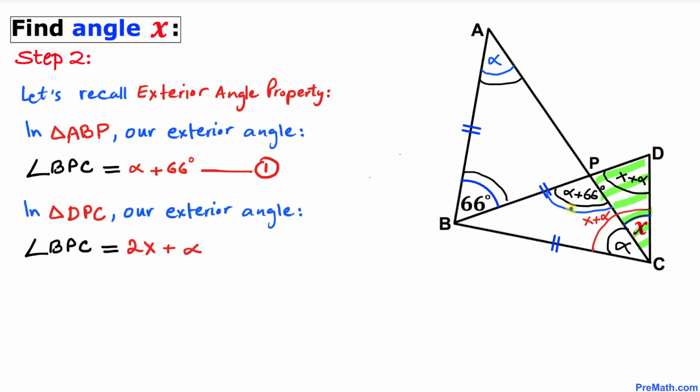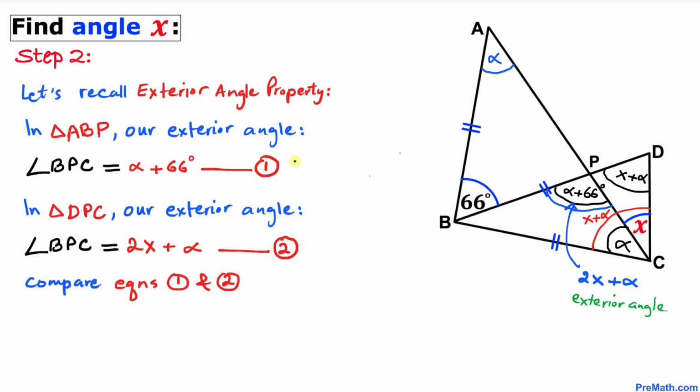So therefore, this exterior angle is going to be X plus X plus alpha. So X plus X is going to give us 2X plus alpha. No wonder I wrote down angle BPC equals 2X plus alpha. Let me call this equation number 2.